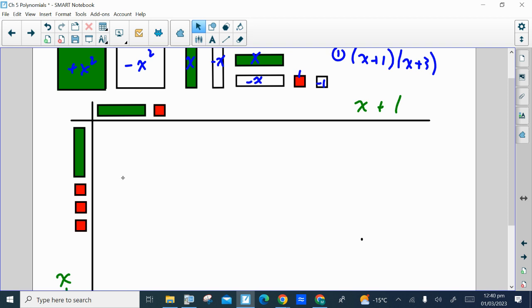So if I want to fill in this first space here, I'm going to have to put in a shape that is the same width as what's above it, the same height as what's to the left, which means I would have to put a big square in there. It has the same height as what's beside it, the same width as what's above it. And also, because the one on the top is a positive x and the one on the side is a positive x, a positive times a positive is also a positive.